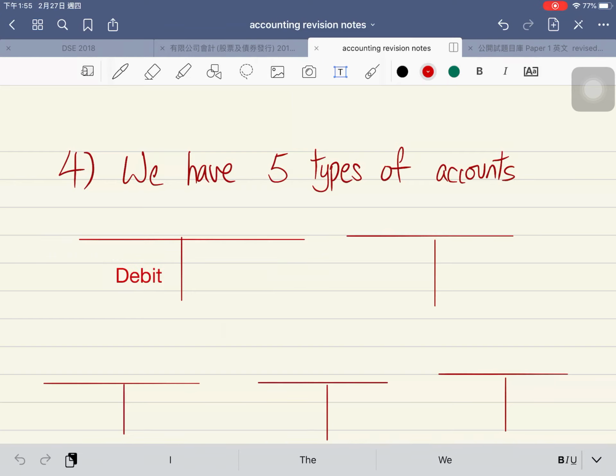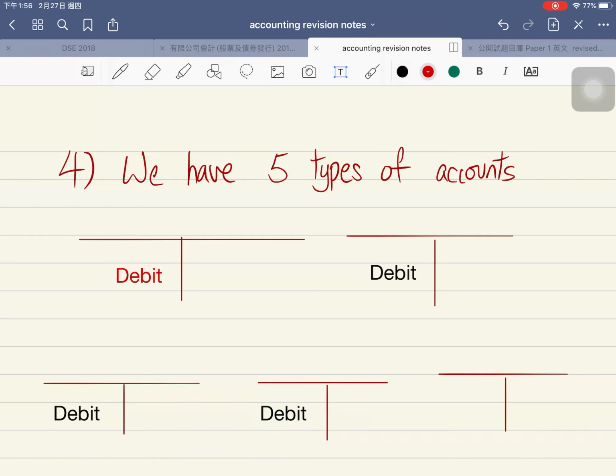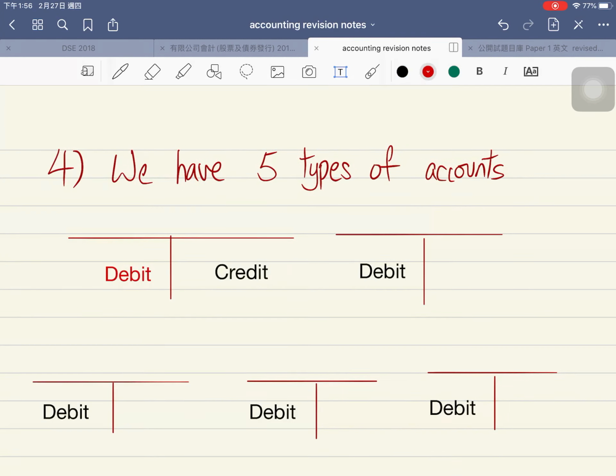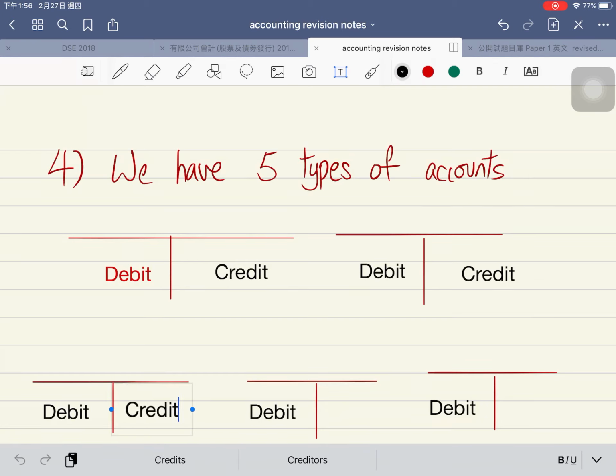Left hand side debit. For right hand side we call credit.